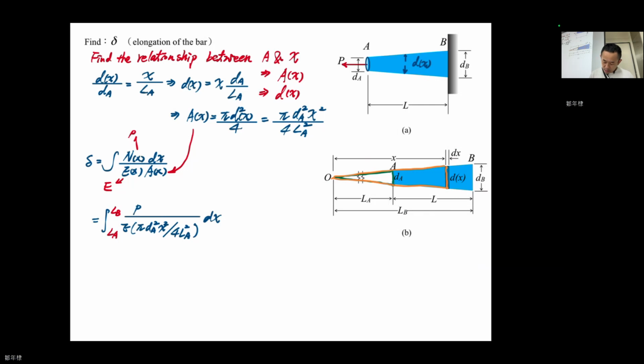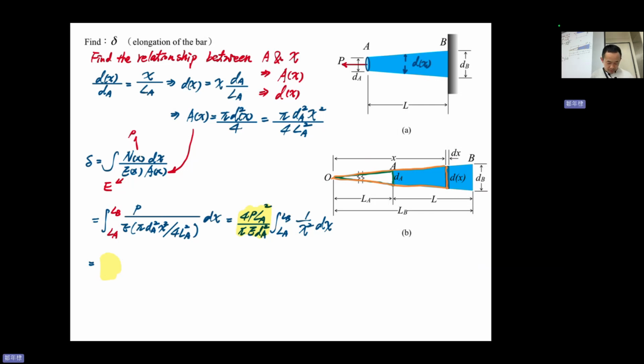Firstly, you can take the constant out of the integration symbol: pi e dA squared, integral from LA to LB of 1 over x squared dx. Because this is too long, I don't want to write it anymore, so can I just simply make it C?